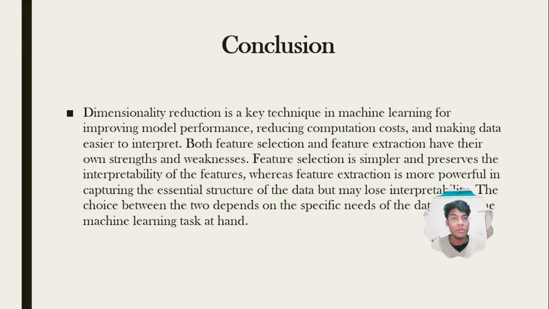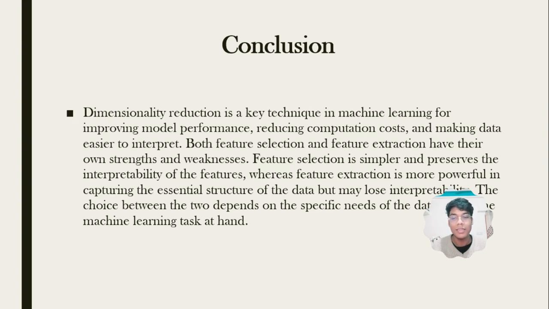So the conclusion of all this is that dimensionality reduction is a key technique in machine learning for improving model performance, reducing computational cost, and making data easier to interpret. Both feature selection and feature extraction have their own strengths and weaknesses.